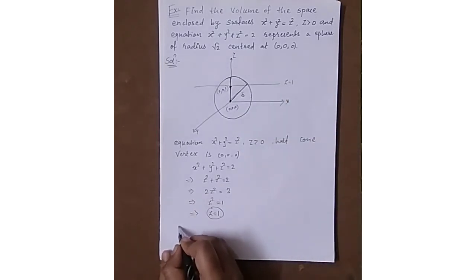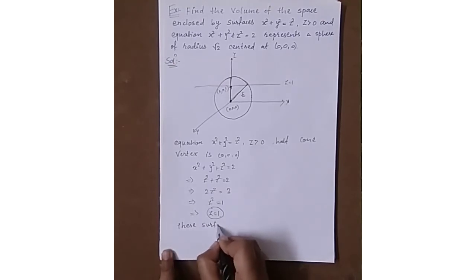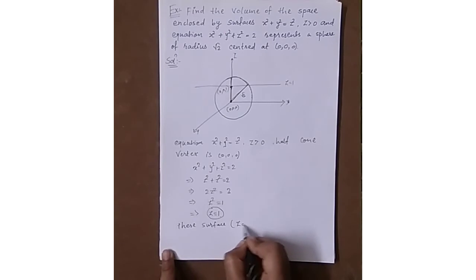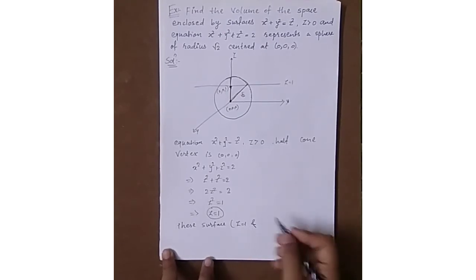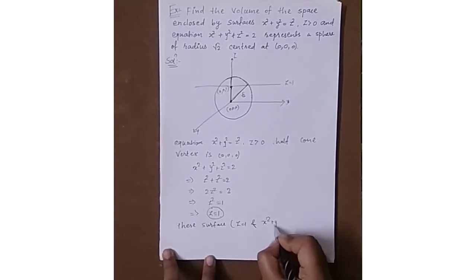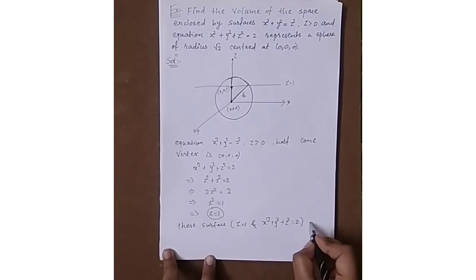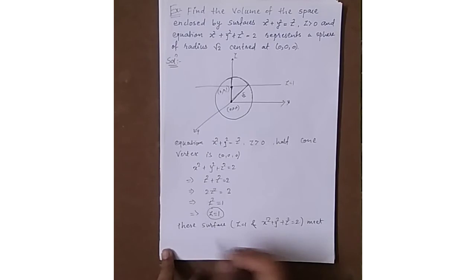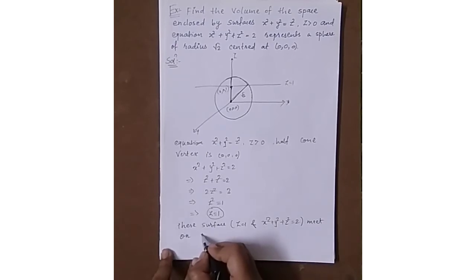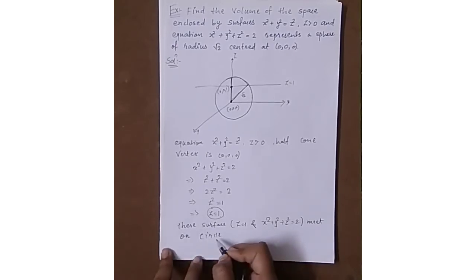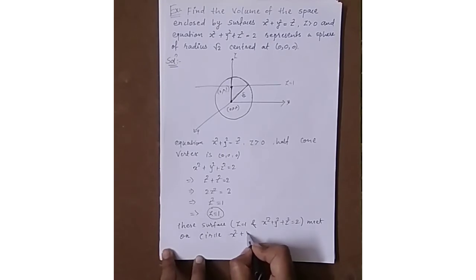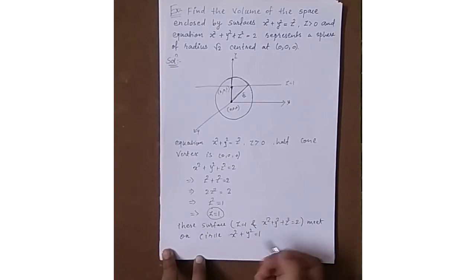These two surfaces, z is equal to 1 and x square plus y square plus z square is equal to 2, meet on a circle, and the equation of this circle is x square plus y square is equal to 1.